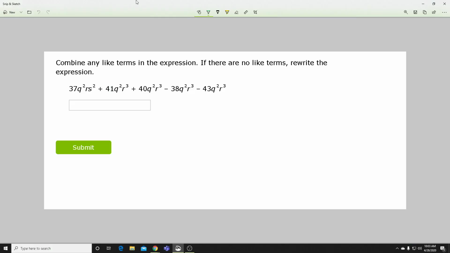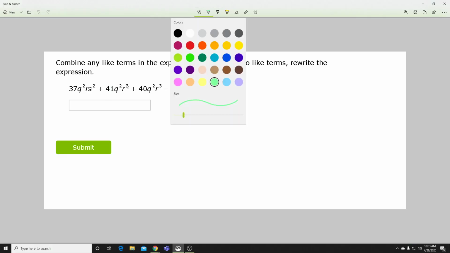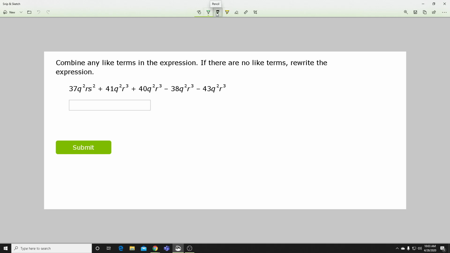Alright, so this one I know looks a lot nastier. So what we need to do is see what terms we're working with. Okay? So I see we have a q squared r s squared. I'm not going to write down the coefficients yet.